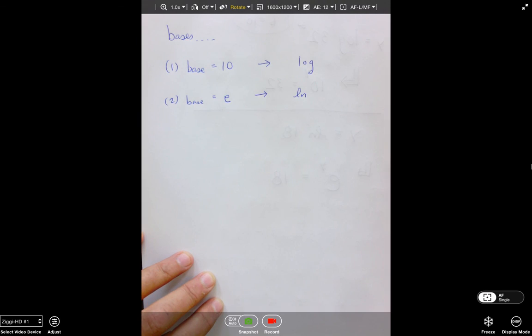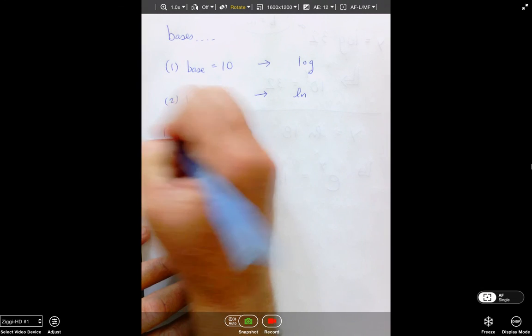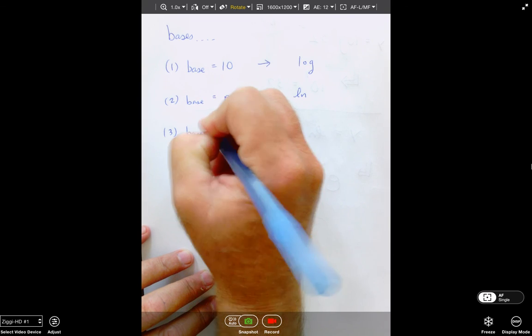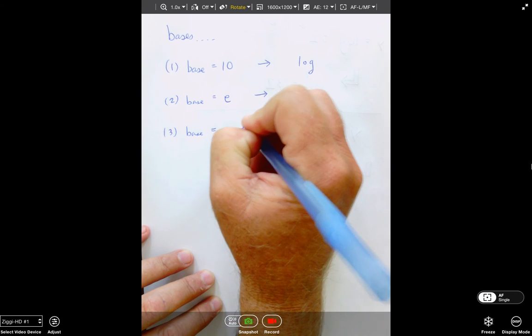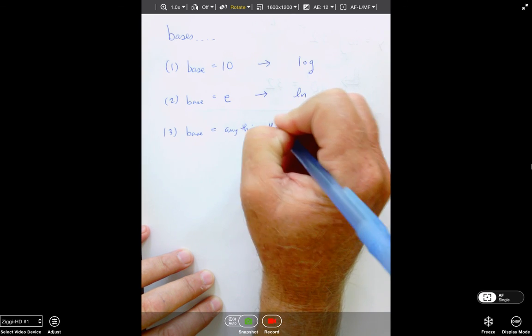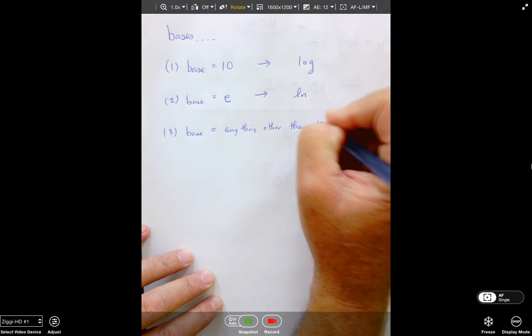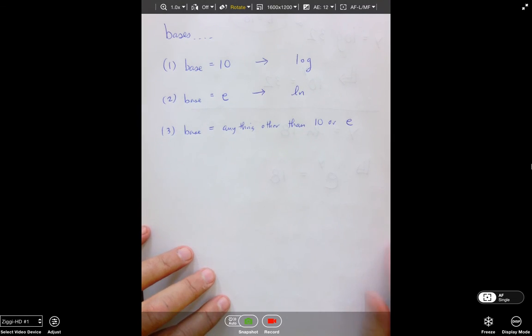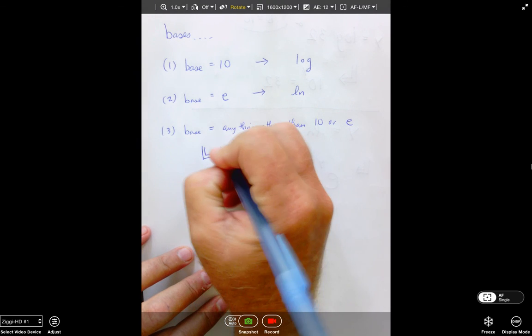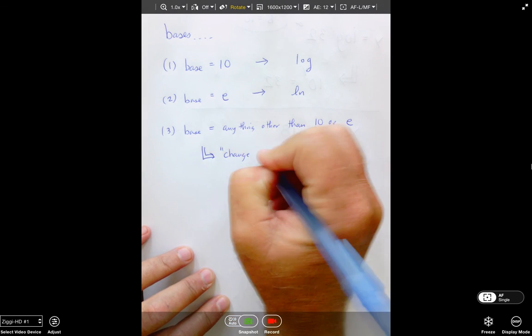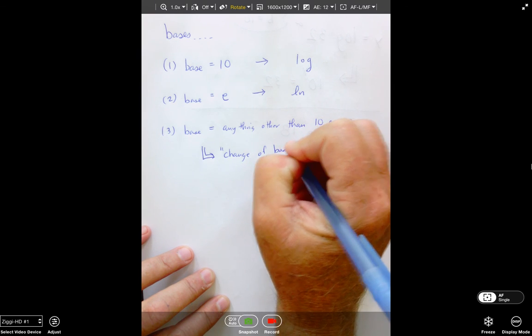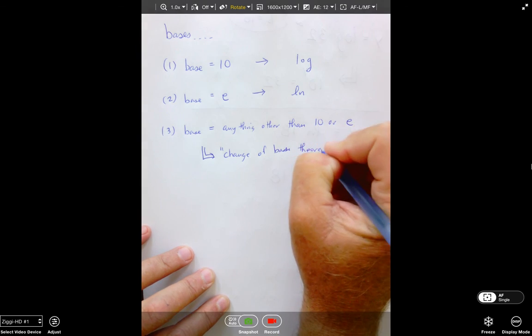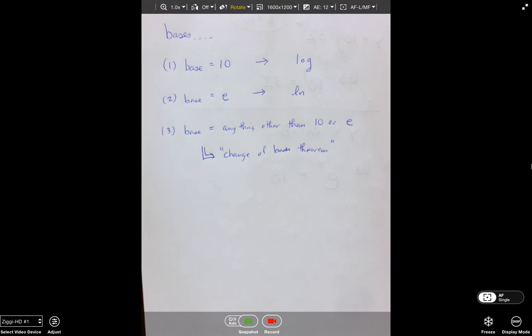That's important because that's your natural log key. What happens when the base is anything other than 10 or e? Well, that's where we get into what's called the change of base theorem.